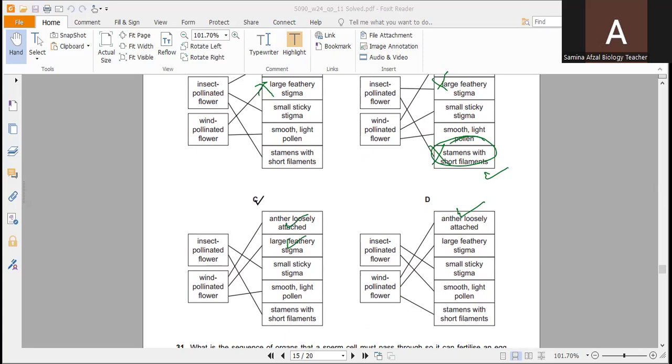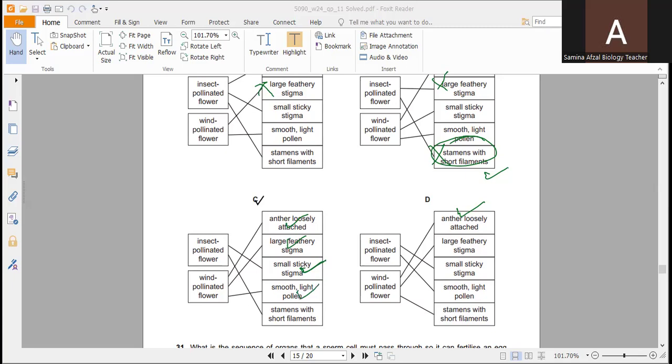So the insect pollinated flower, small sticky stigma, definitely, because insect has to sit over it, then these stigmas will attach with it. Small sticky stigma, because when the pollen grains reach over it, they will stick with it. Then smooth light pollens, yes, they should be greater in number.